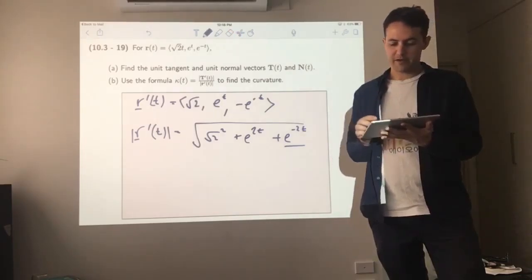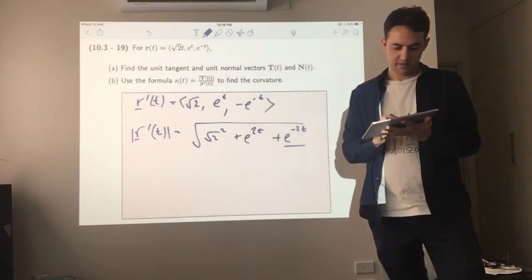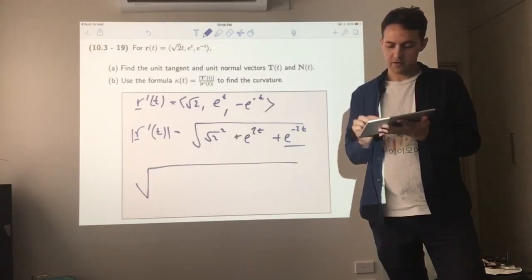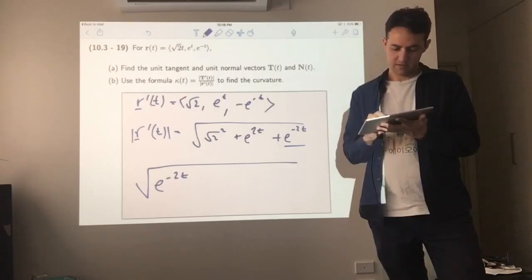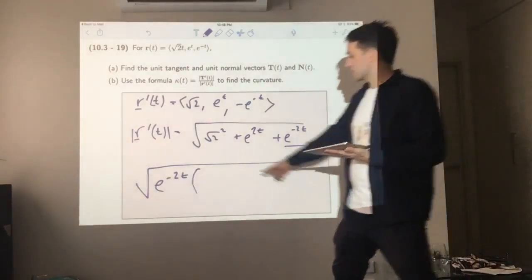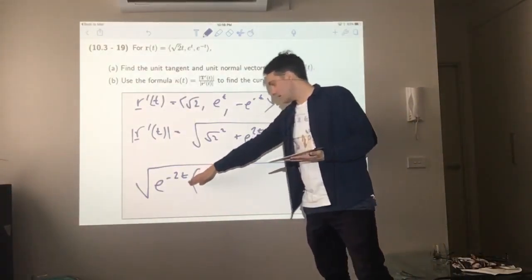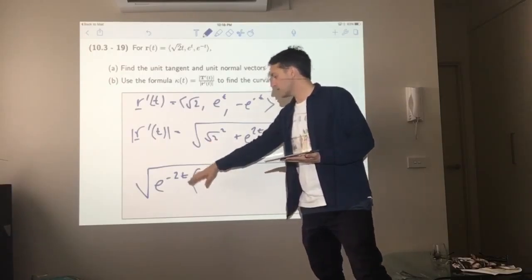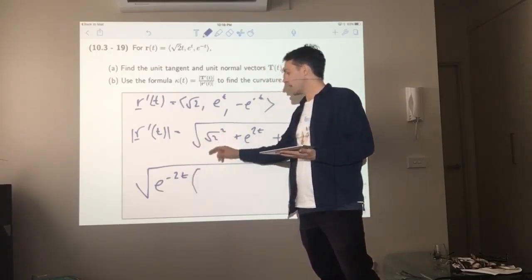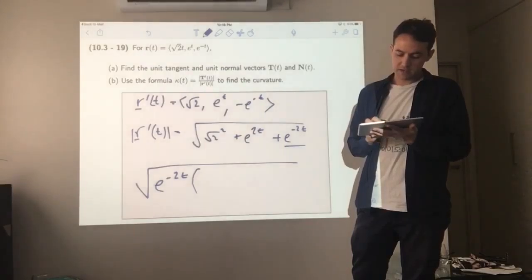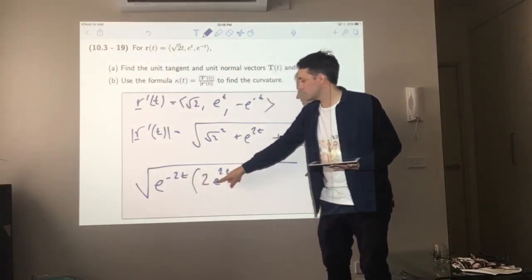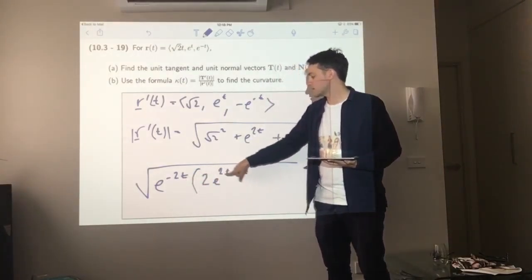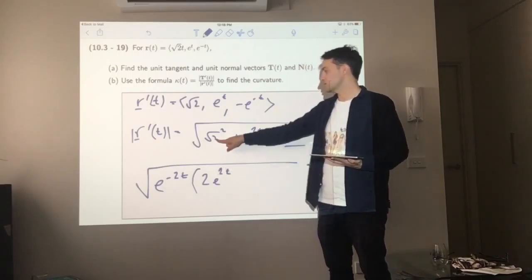So let's do this all inside a big square root. If we take e to the negative 2t out of all this, then to know what we multiply the first term by in order to get it, it would actually be 2e to the 2t. Because remember, if we multiply this by this, we get e to the 2t minus 2t, which is e to the 0, and we just get our 2 back again.